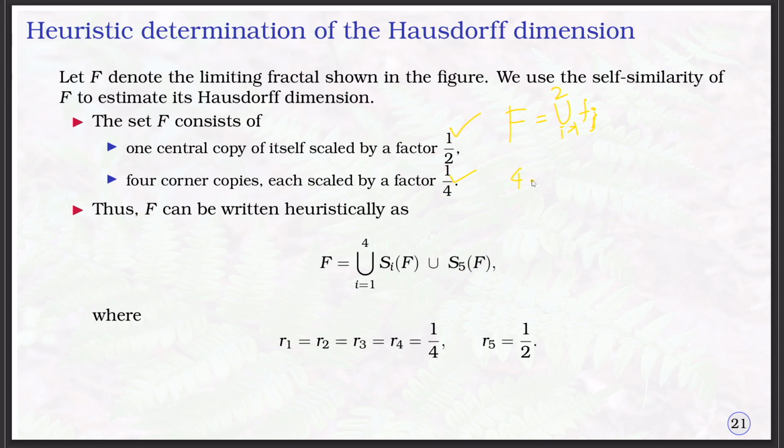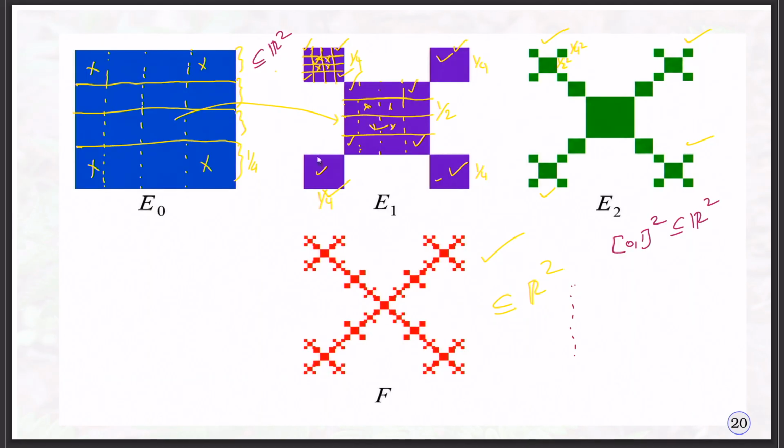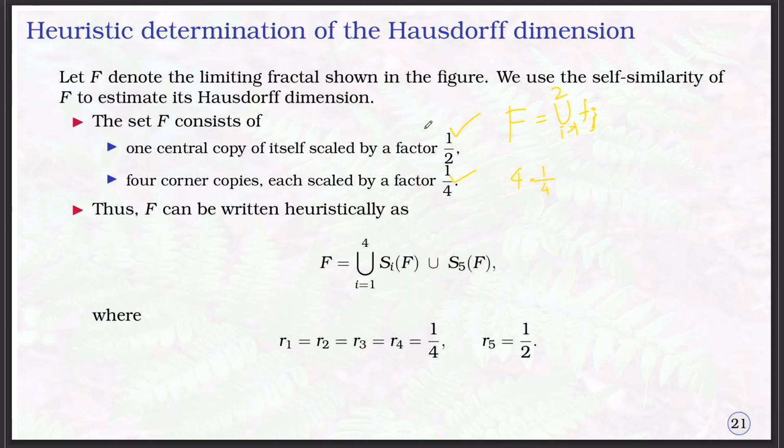So, after the first iteration, first step, 4 copies have the ratio 1 by 4. Here you can see 1, 2, 3, 4 copies have the ratio 1 by 4, and 1 copy has the ratio 1 by 2.